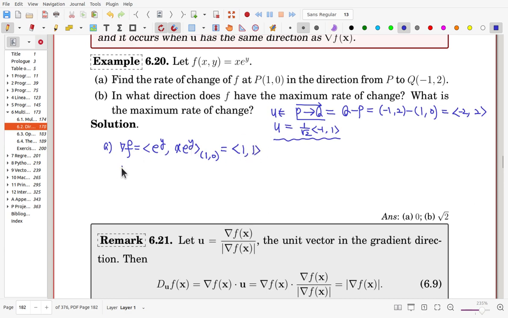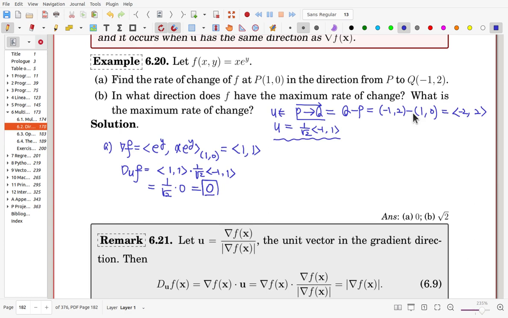So the directional derivative is (1, 1) dot 1 over square root of 2 times (-1, 1). The constant is 1 over square root of 2, and this dot product is 0, so it is 0. That means that in this direction the function is not changing, that's flat.